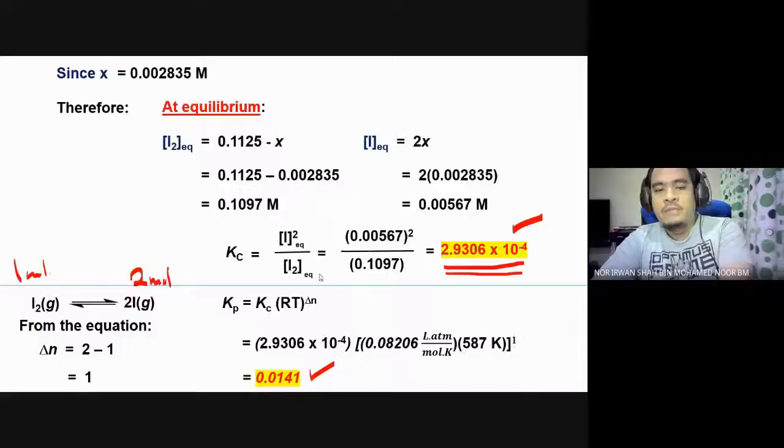What is the value, class? Right, so the answer is 0.0141. This is the value of Kc, and this is the value of Kp for this equilibrium reaction.